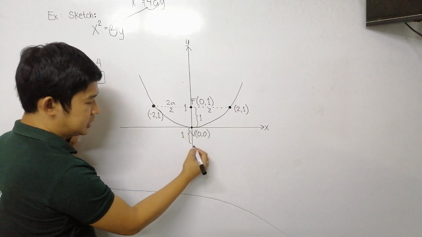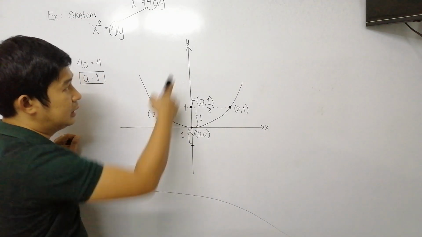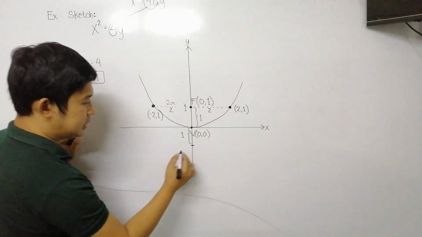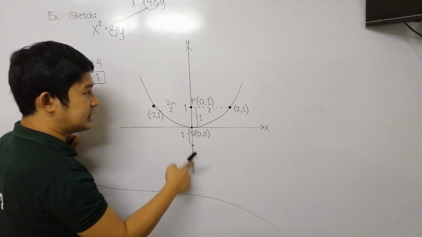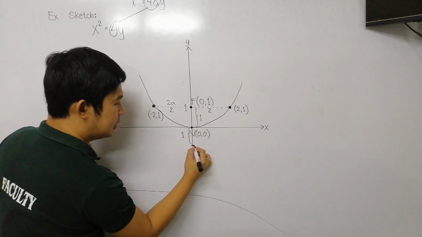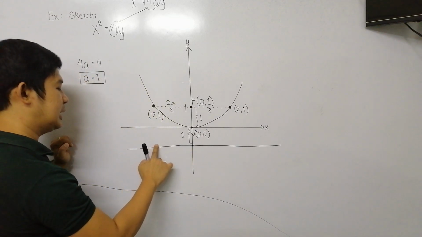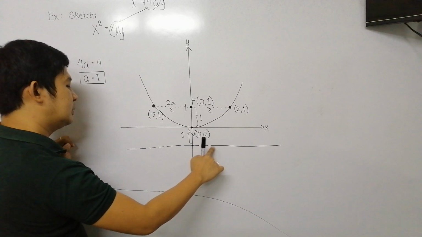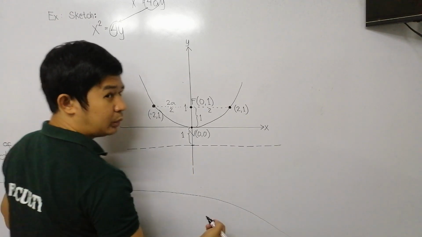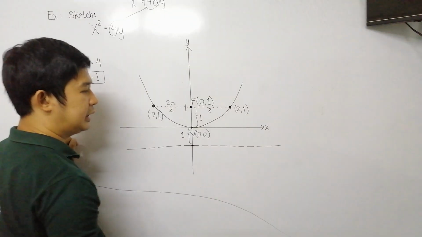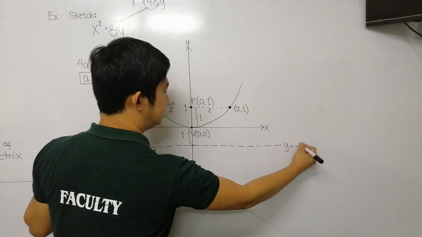So 1 unit. So this will be at negative 1 of our y-axis. So negative 1, kailangan siya ay perpendicular sa ating axis of symmetry. Support tayo ng straight line. And all we have to do is to make it a broken line. Kasi nga ito ay directrix. So therefore, the equation now of our directrix is y equals negative 1.